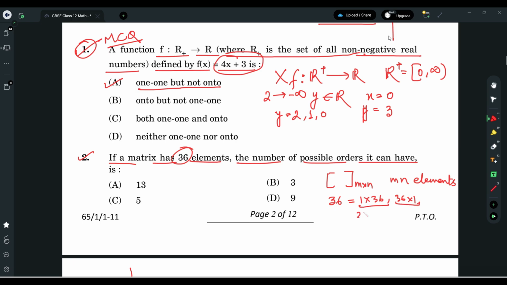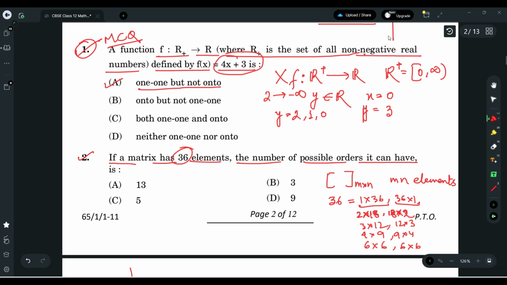Then 2 into 18, 18 into 2, like this, 3 into 12, 12 into 3, 4 into 9, 9 into 4, and 6 into 6. Sorry, here we have written a mistake.